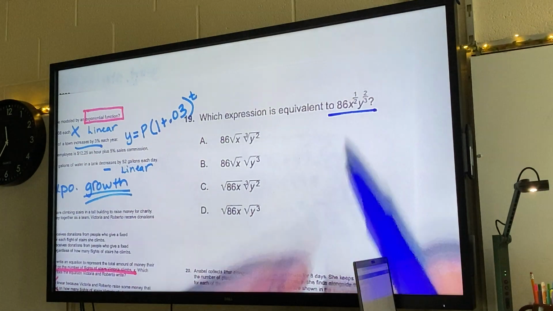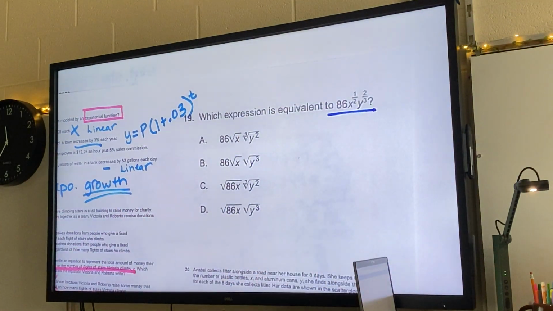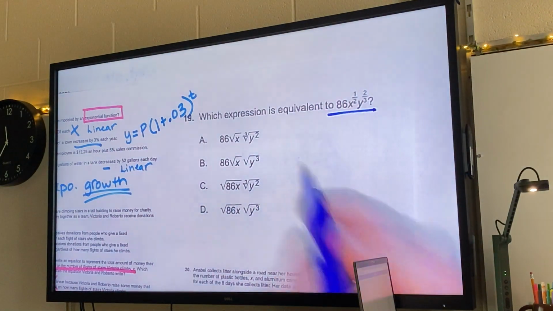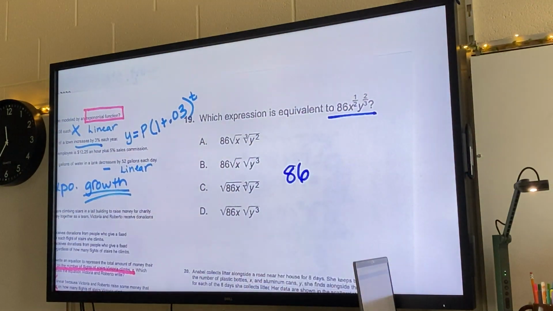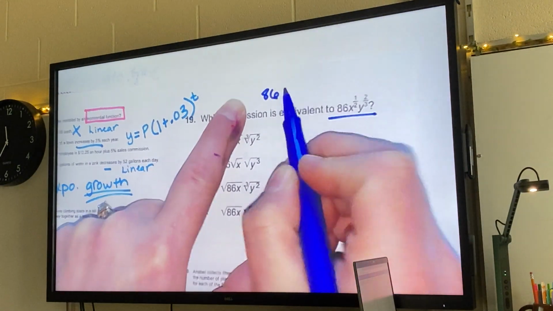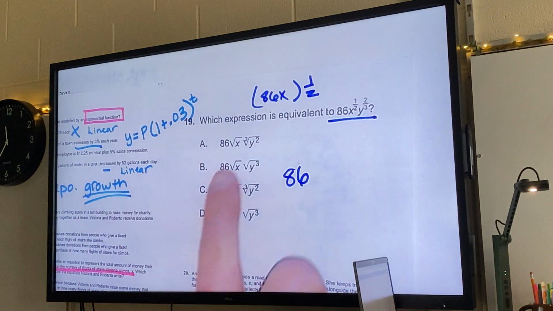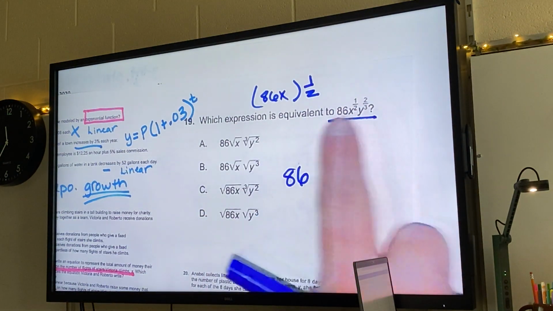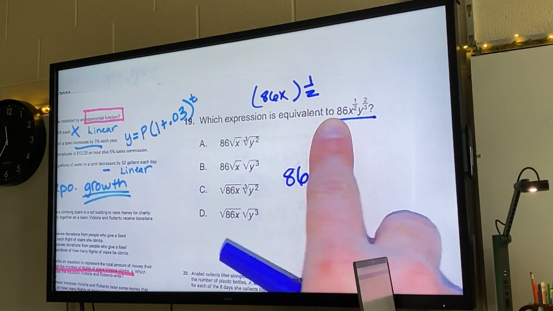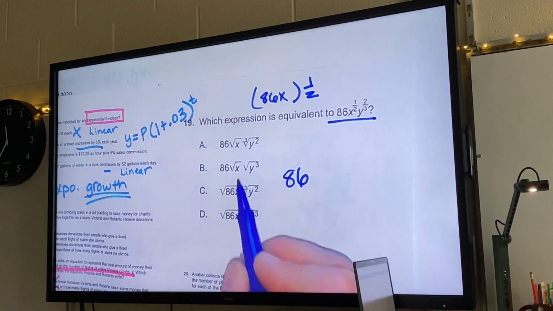Because why are they putting 86 in the square root? You can't put baby in the corner. It's just 86. 86 is 86, and it's got to be free to be 86. Now, if you had 86x in parentheses with a 1/2, that's different because 86 would get that 1/2. But this 86 is out front. It's the coefficient. It's just 86. So these two answers are out.